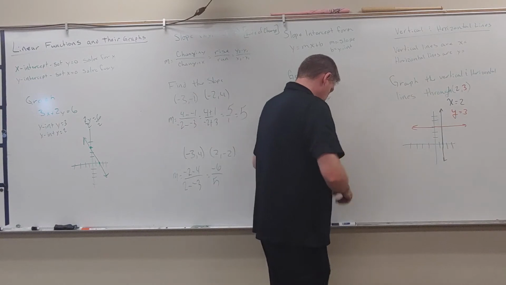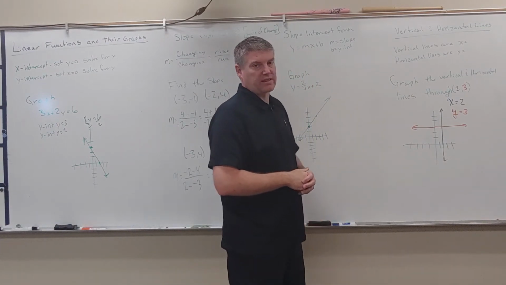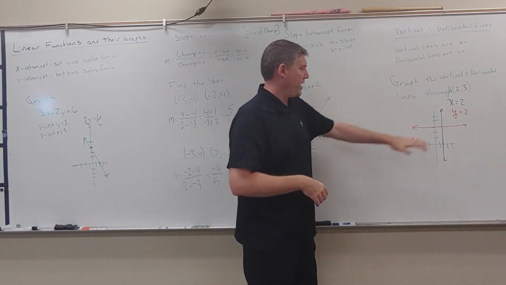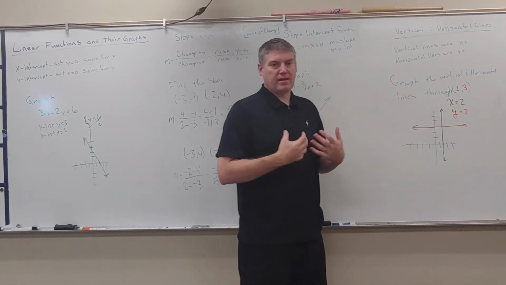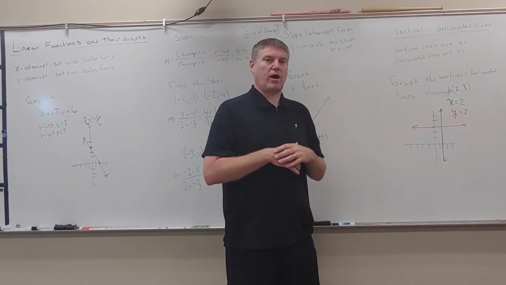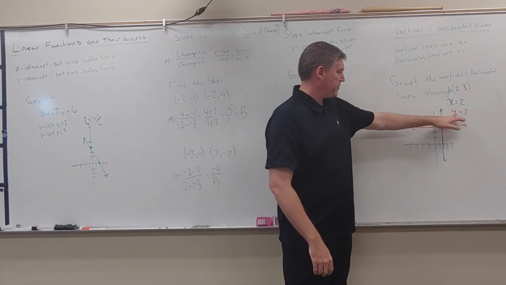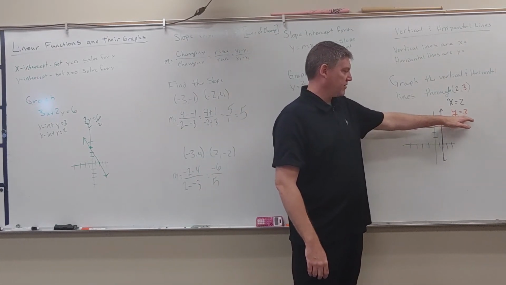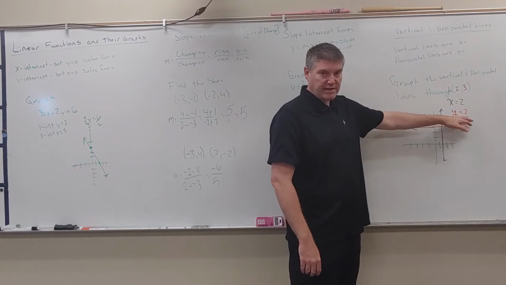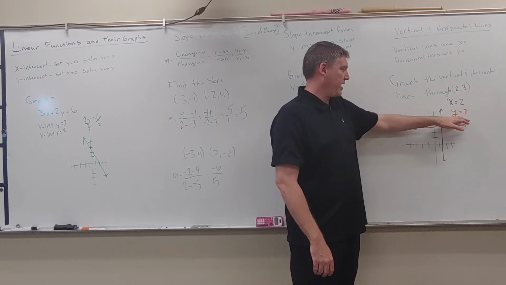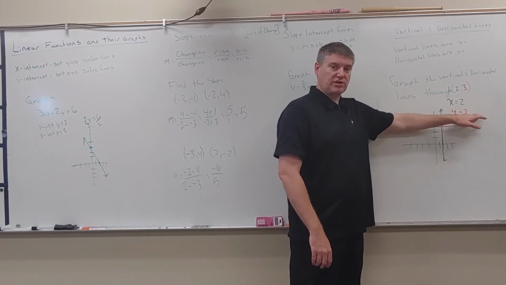Now, a lot of times they get confused in thinking that y is the vertical. Well, because when we're talking about coordinates, y is our up and down piece, and that's true. But remember that what this is saying is my vertical component is always 3. So my x can change, but y is always going to equal 3.